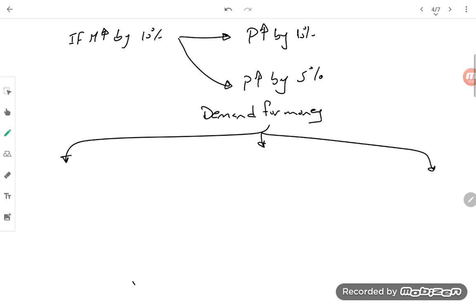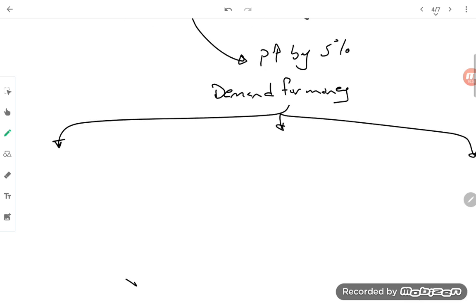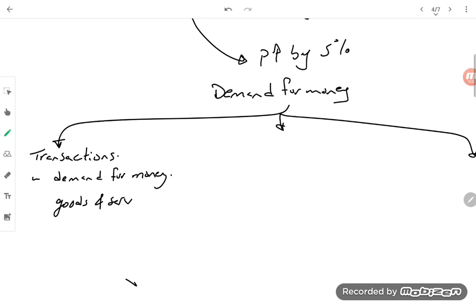Number one, transaction demand for money, or money for undertaking transactions, which means that you would like to buy goods and services. So this is for daily transactions, to buy goods and services.